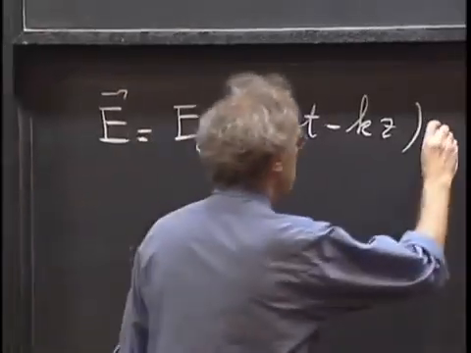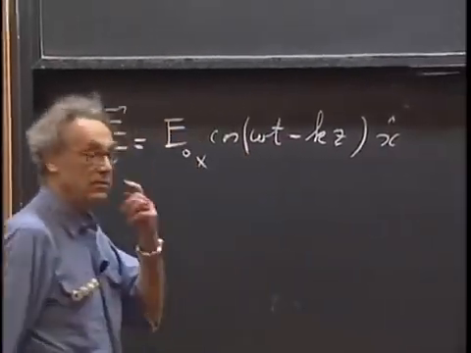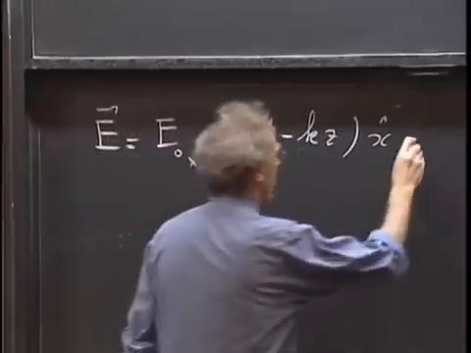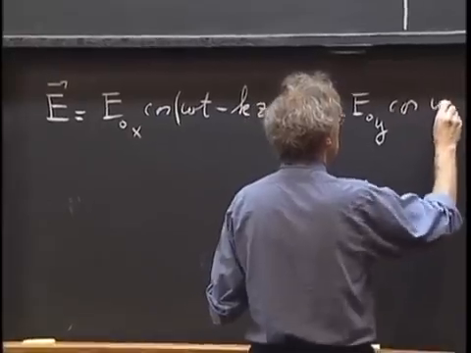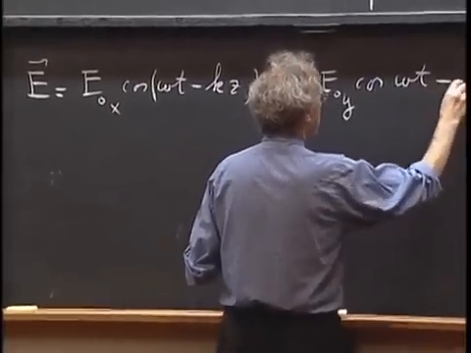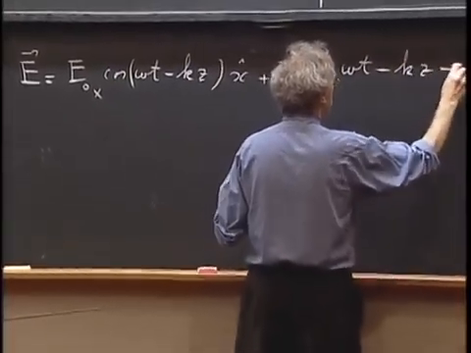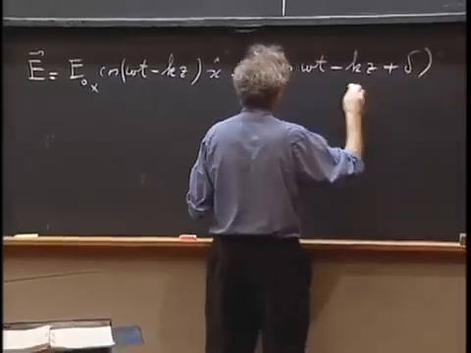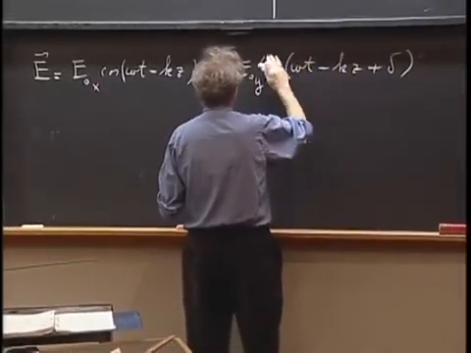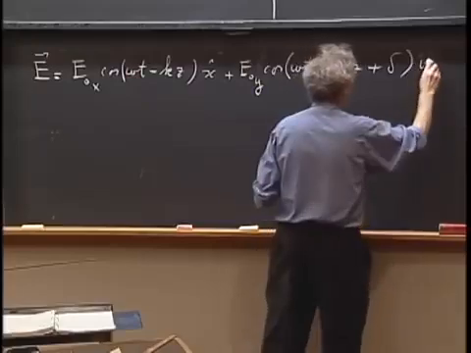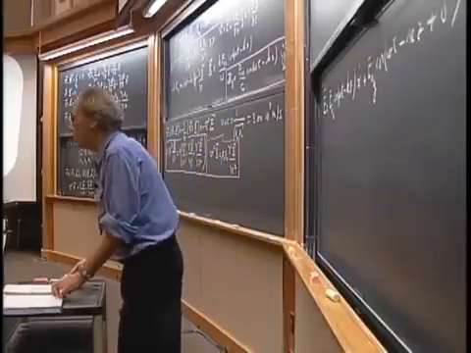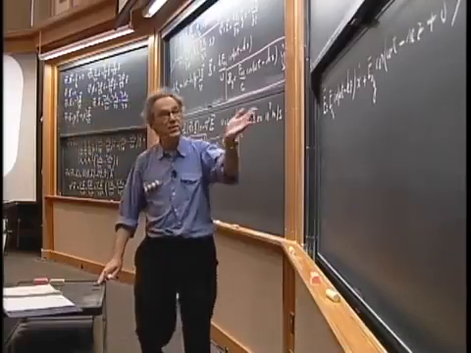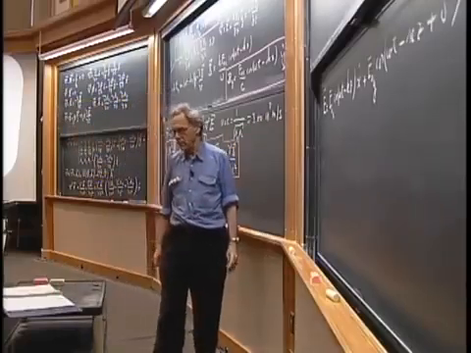That would then be in the x direction. And then I would have another E0y times the cosine of omega t minus kz, and I can give it any random phase angle delta. And that would then be in the y direction. And so clearly, this satisfies the wave equation, because each separately satisfies the wave equation.